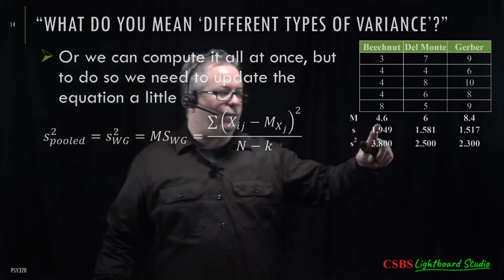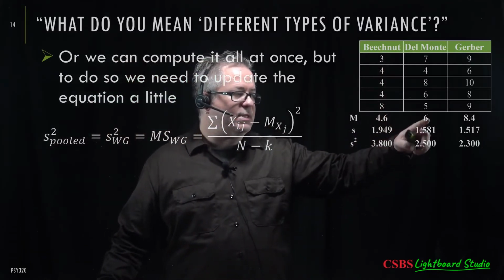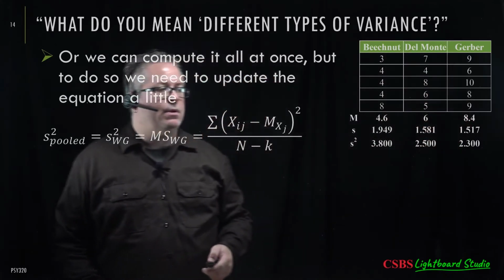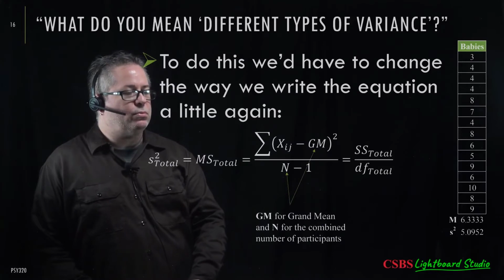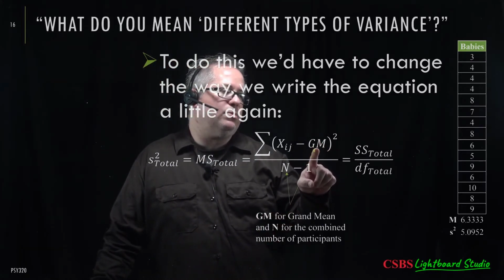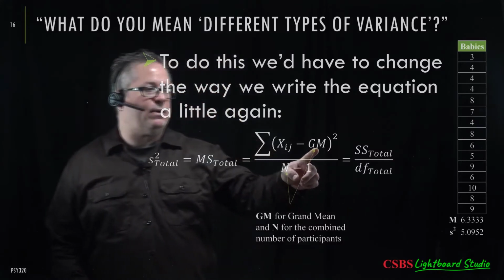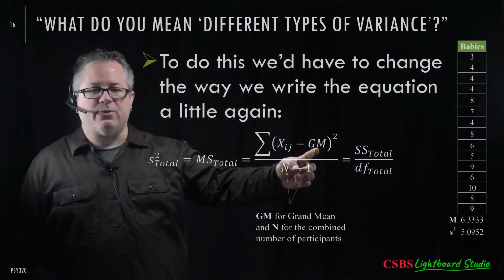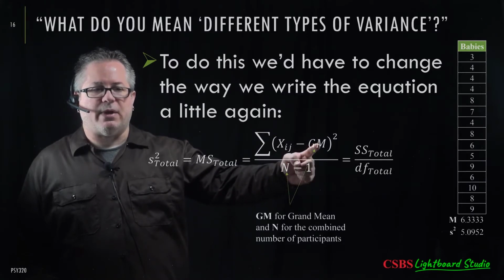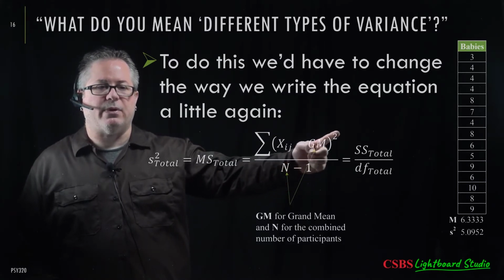So 4.6 for everybody here, 6 for everybody there, 8.4 for everybody there. For the total, we're just subtracting the same single mean, the grand mean. So instead of switching every time we switch groups, we take each person in each group, subtract out the grand mean, and square that.